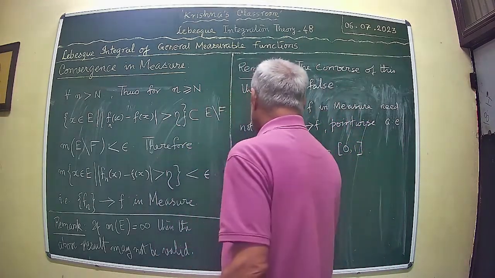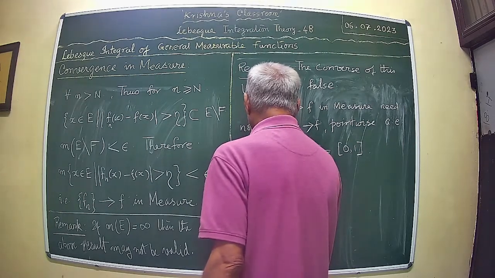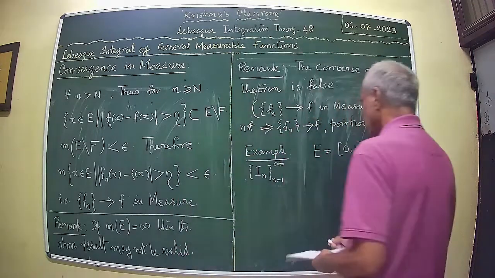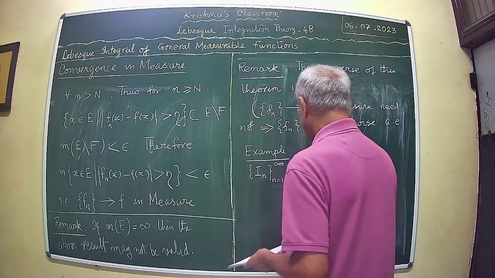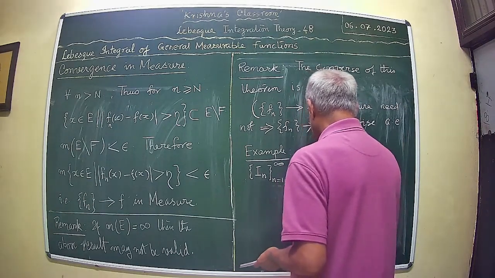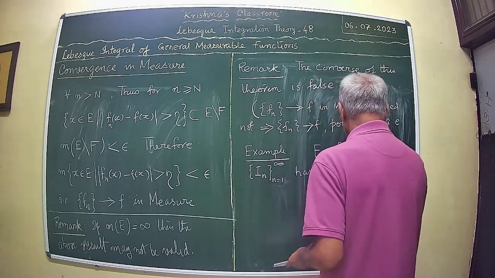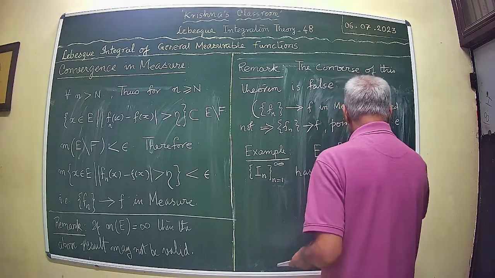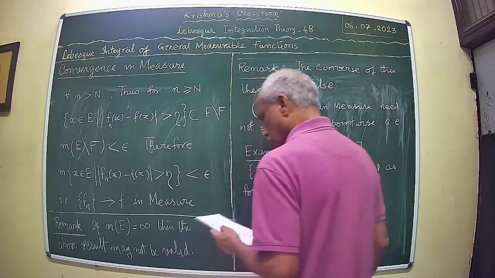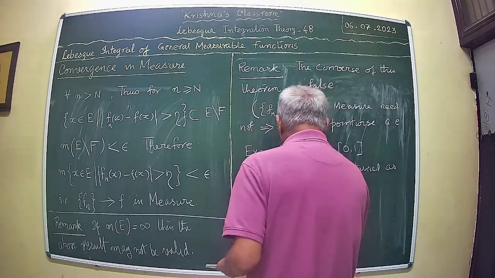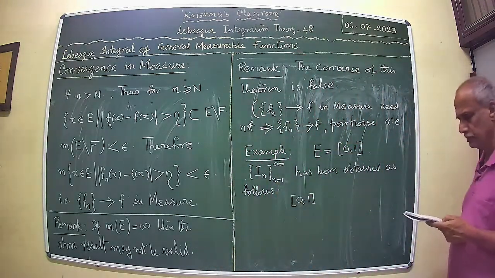Now we take subintervals In. So you take the interval 0, 1. This you can call I naught or something like that.